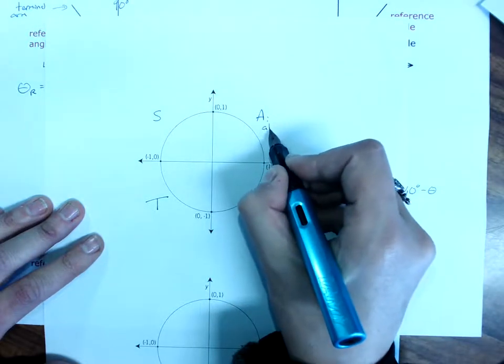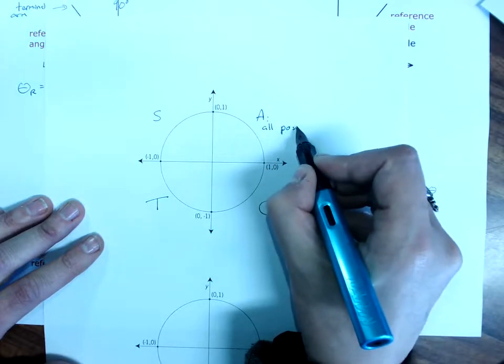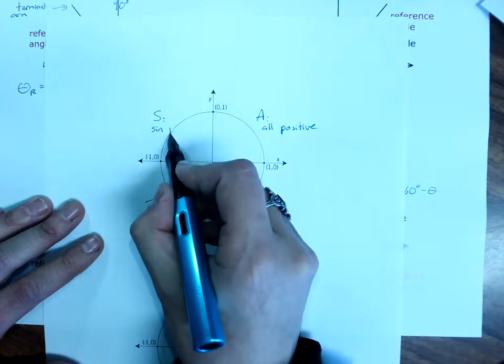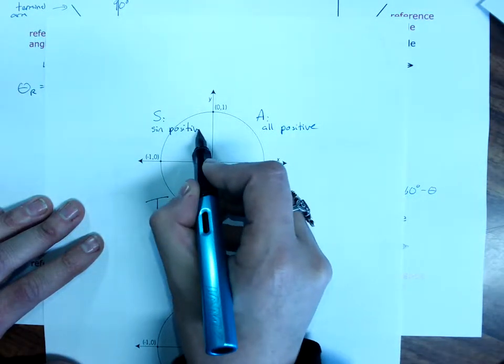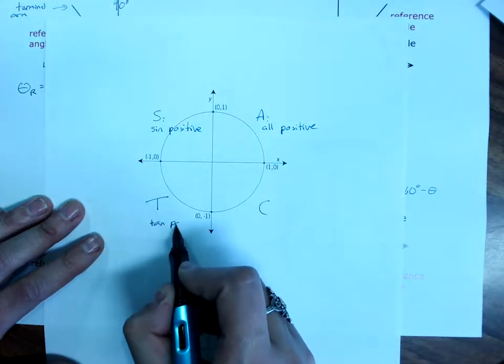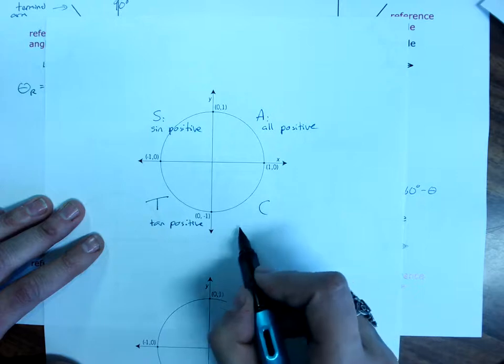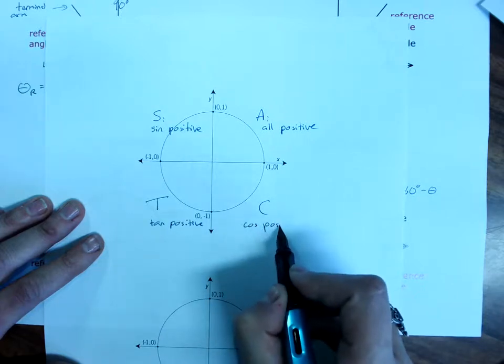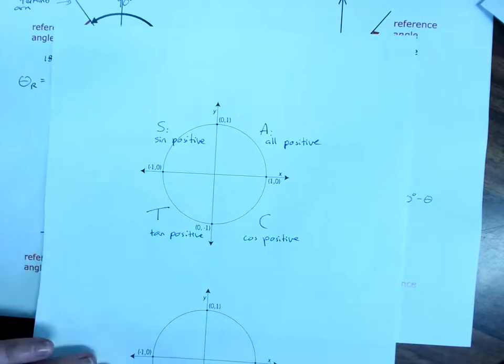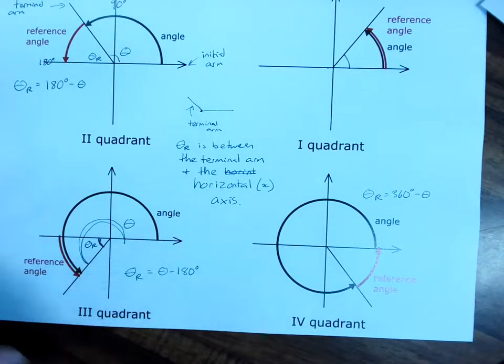A, all are positive. S, sine is positive. T, tan is positive. C, cos is positive. So there's all this information that we need to know. I'll pop that in here in a different colour.